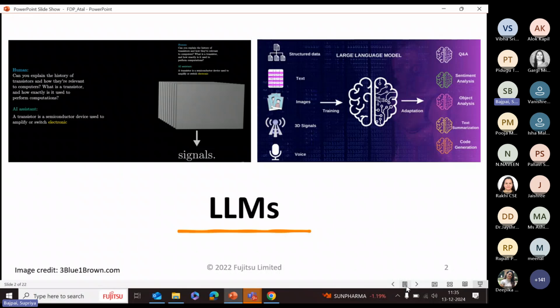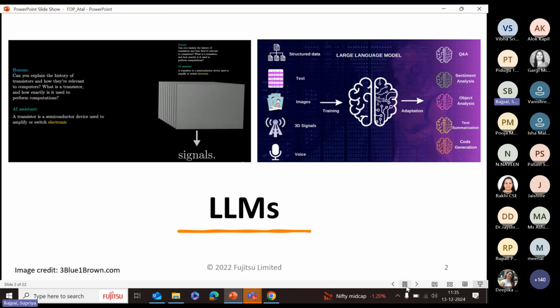Now using the word switch and the whole sentence, it will try to predict which word has the highest probability of occurrence. So it is "electronic". It is just a next word prediction model.